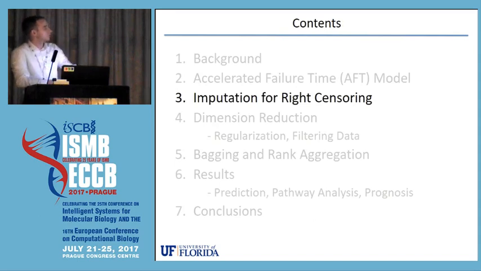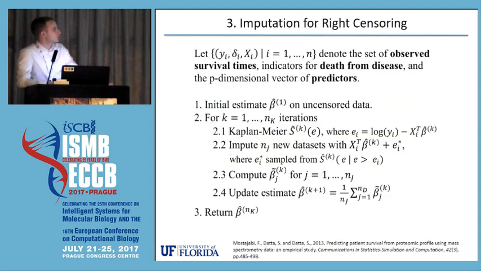So the first challenge is dealing with the right censoring. We did this by an imputation method. So this is a little algorithm that we use, but essentially we first fit the model on the uncensored data, and then we use the residuals from that to estimate the distribution of the residuals.